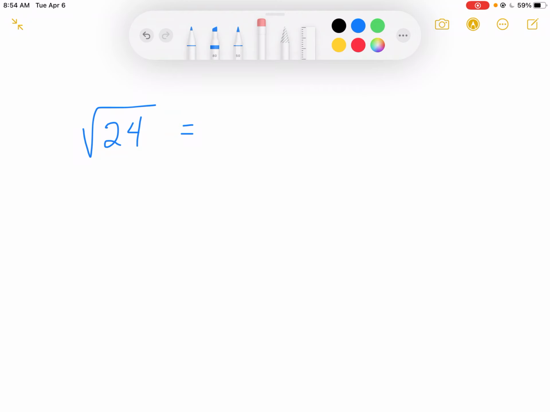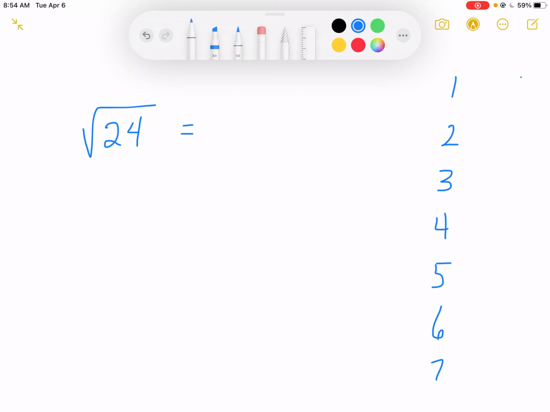What we're thinking about today is what types of perfect squares are inside the number 24. So when you talk about perfect squares, we're talking about all these numbers. We had a list on my board at one point that got erased.